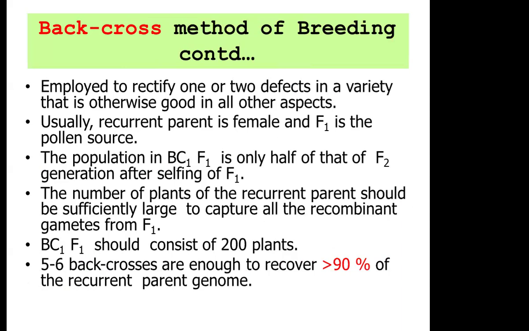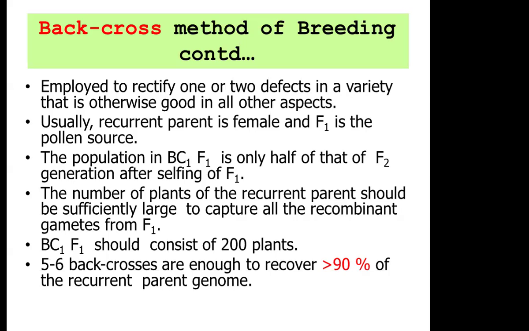And making backcrosses is not that easy. Instead of that, we can carefully do the pedigree method itself. And with every backcross, there won't be an increase in the yield level. We can have that defect rectified.